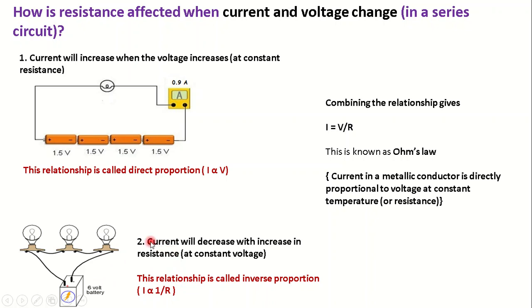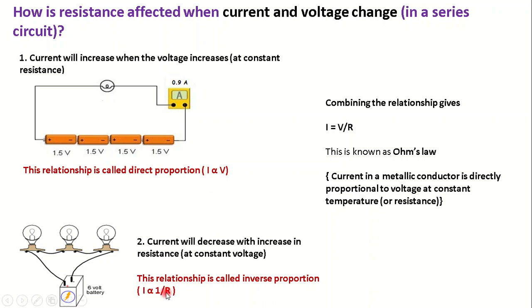On the other hand, when you increase the number of components, you will decrease the current flowing in a circuit. Remember that each component has a level of resistance to the flow of charge, as we discussed earlier. So with more components, we'll have more electrical resistance, and this will eventually reduce the current flowing. This kind of relationship is called an inverse proportion, written this way.